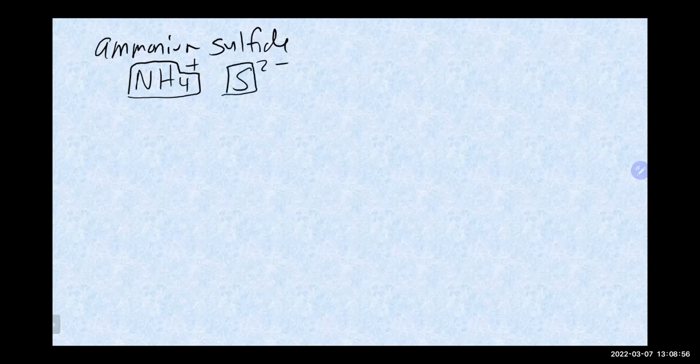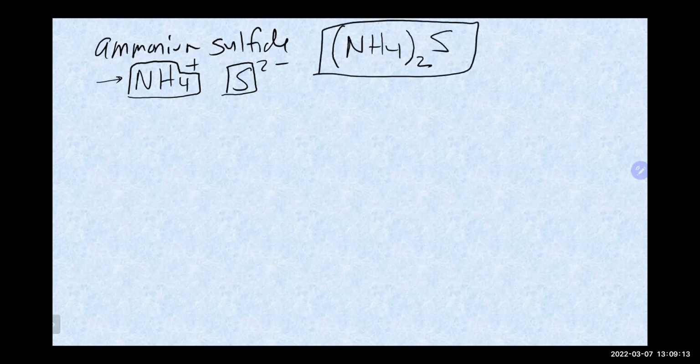In this particular case, we actually need more of the ammonium. We need 2 total, which means that is more than one of these polyatomic ions. So we do need to put parentheses around it, and a 2 on the bottom and 1 sulfur there to finish that guy up. Question on that formula?